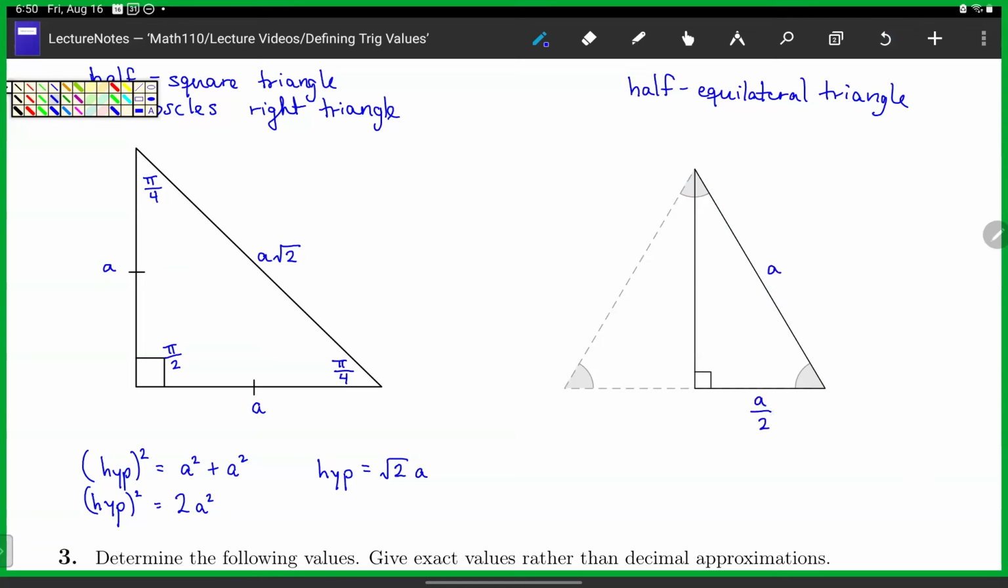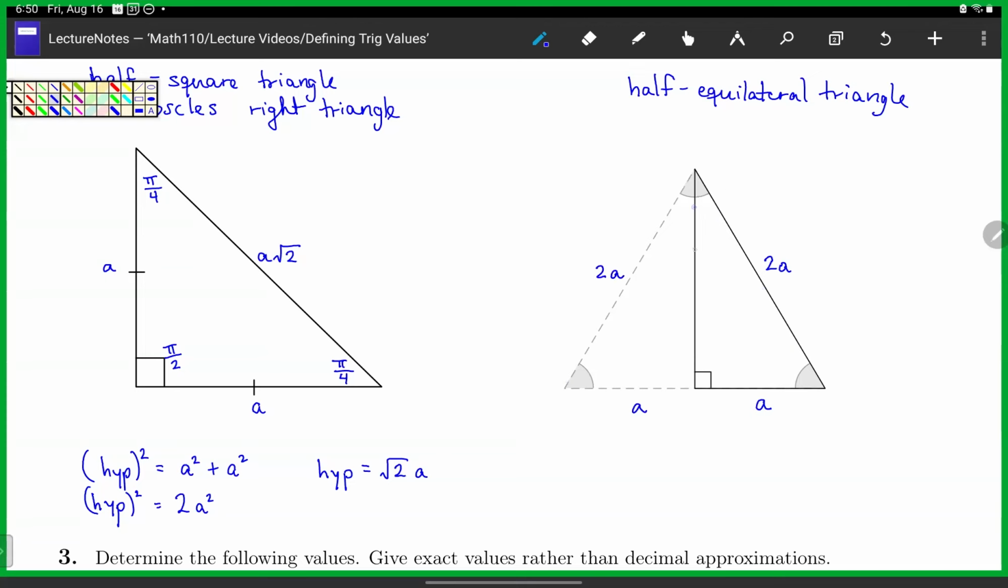And rather than dealing with fractions, I will generally call the shorter leg a, and that makes the hypotenuse 2a. Right? Because here's a, and this is an equilateral, so this has to be 2a all the way around.